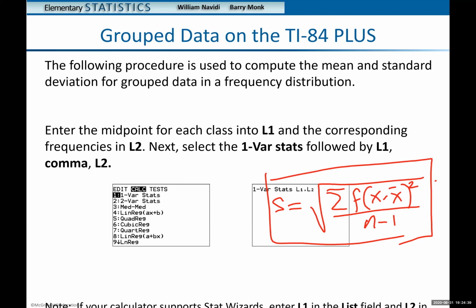All right, so of course we want the shortcut for this, right? Most definitely. Let me erase this formula.